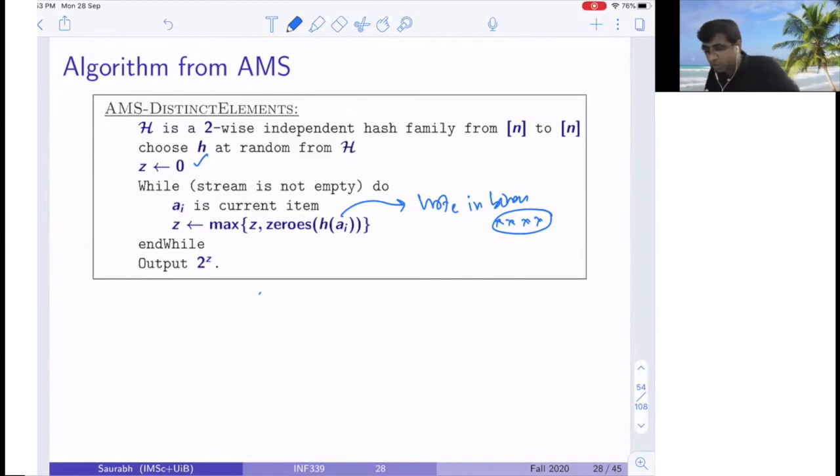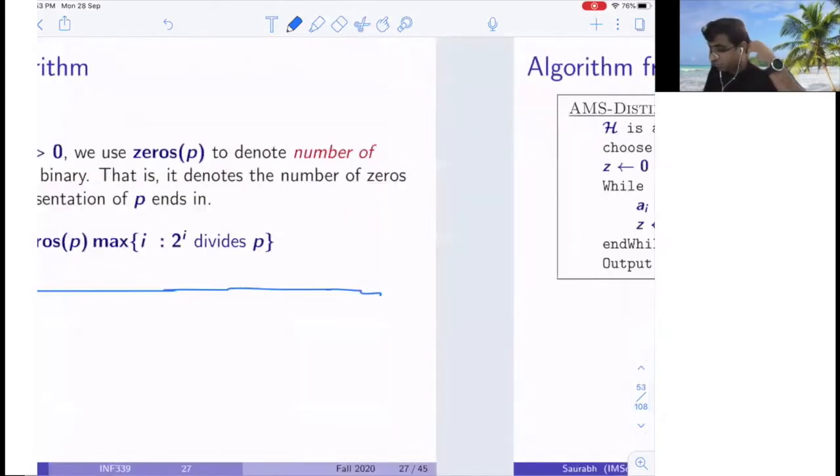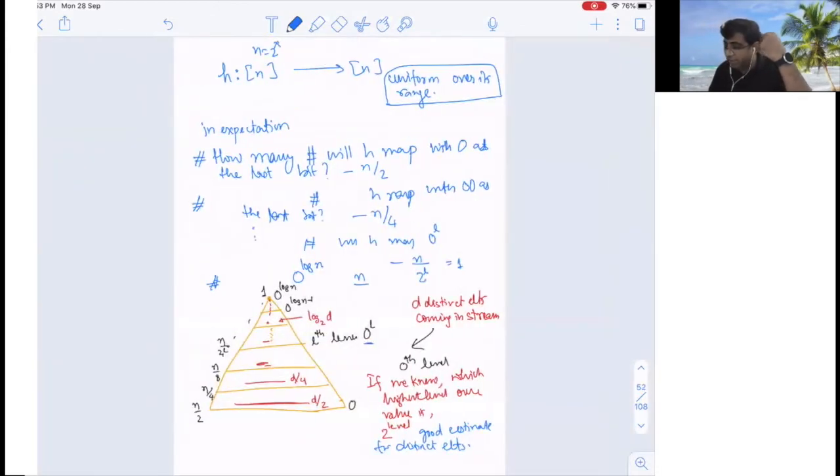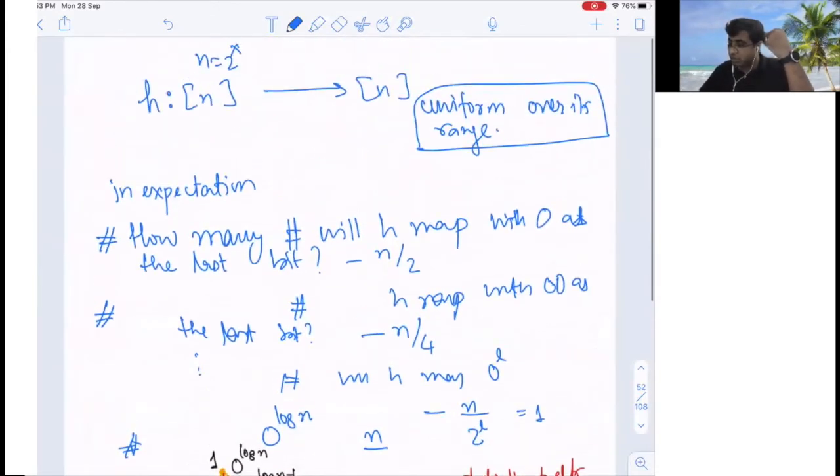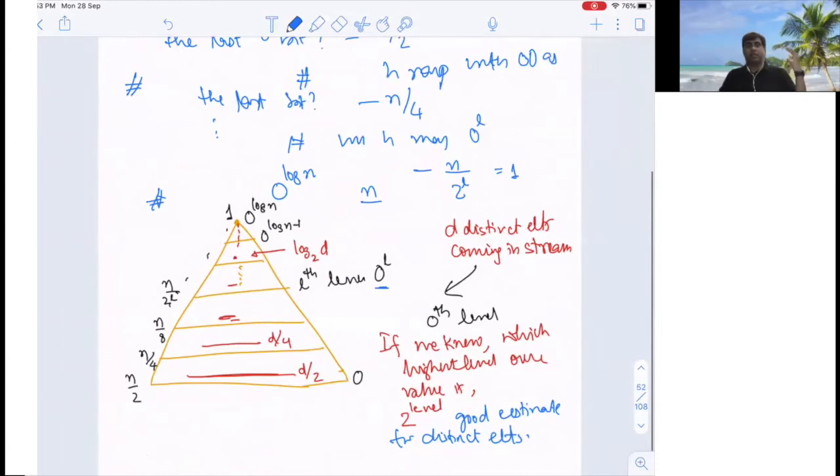Why it works, we will see in a minute. We'll make it formal, but this intuition should tell you what it is trying to see: we do not expect to see too many elements at the highest level, we expect to see just one element or a few elements, but at lower levels we will see more and more elements.